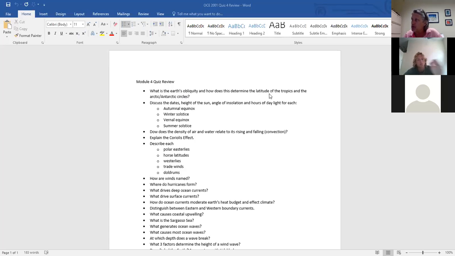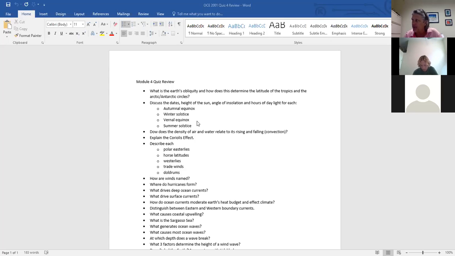We determine the special lines of latitude by that: the tropics, 23.5 degrees north and south, equal to the obliquity, and then the Arctic and Antarctic, 66.5 degrees north and south, which is 90 minus the obliquity. And then the dates, the height of the sun, the angle of insolation, which stands for incoming solar radiation, and hours of daylight all vary because of that obliquity.